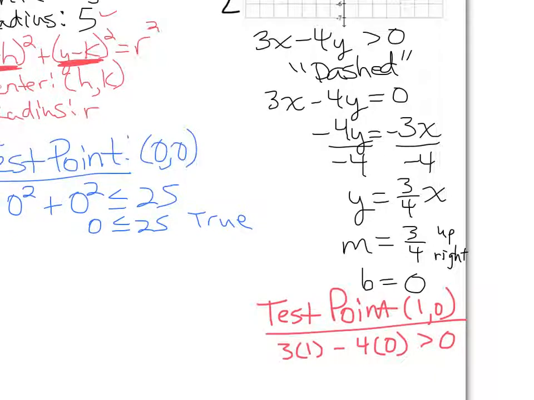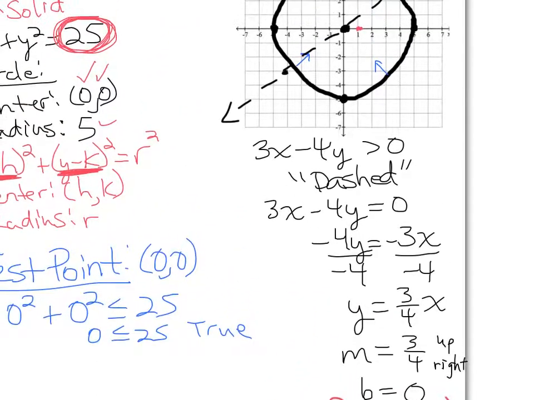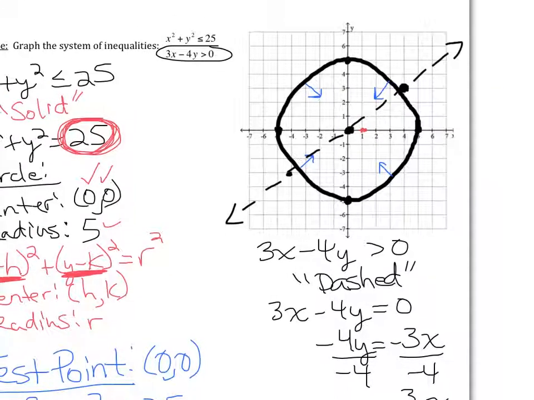The rest is for me to simplify to see if I get a true or false statement. Well, that'll be 3 minus 0, which is 3, is greater than 0, which is true. And since I got true, I would shade on that side of the line. Since 1, 0 is on the bottom, or to the right, I'm going to have to shade below that line.